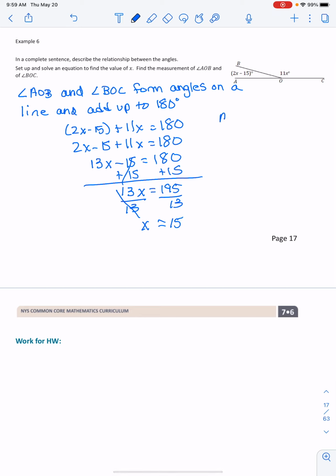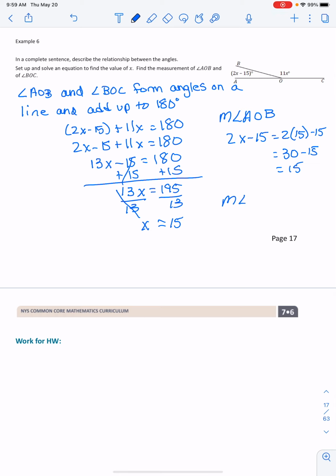So the measurement of AOB is 2x minus 15, or 2 times 15 minus 15, or 30 minus 15, which is 15.